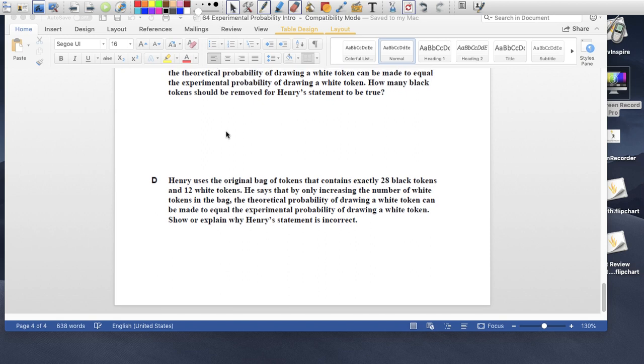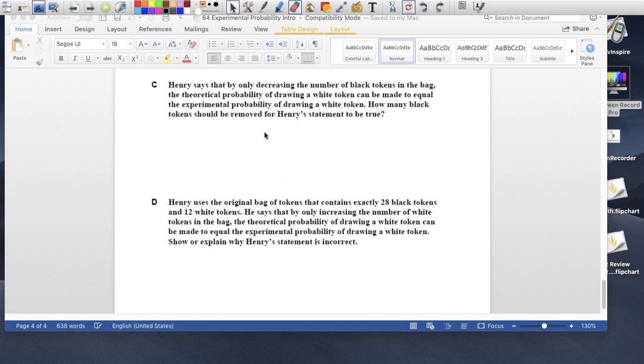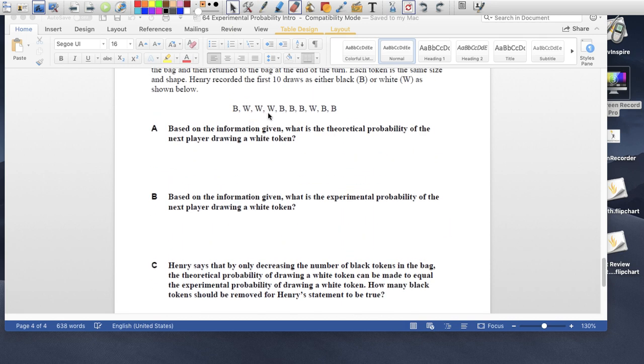So Henry uses the original bag of tokens that contain 28 black and 12 white. He says only by increasing the number of white, the theoretical probability of drawing a white can be equal to the experimental probability of drawing a white. Okay, so in the experiment, the probability of getting a white was 1, 2, 3, 4, right?